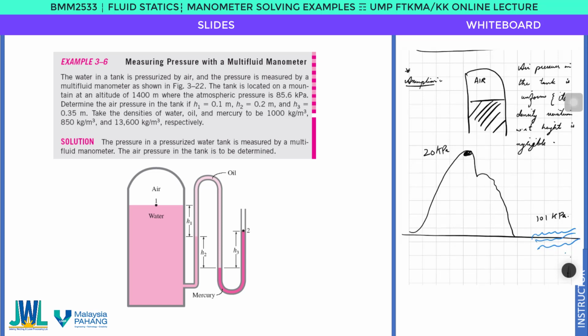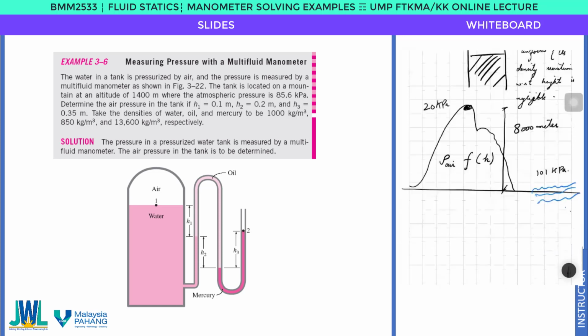Why? Because Mount Everest is at a height of I think 8,000 meters. So when we have a height of 8,000 meters, the density of air changes and is a function of the height.